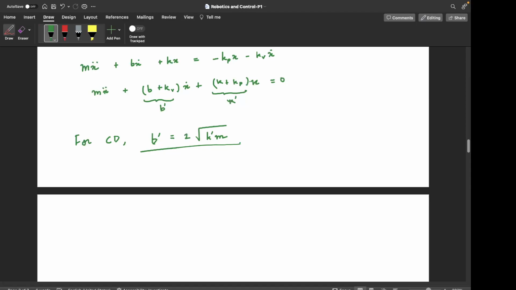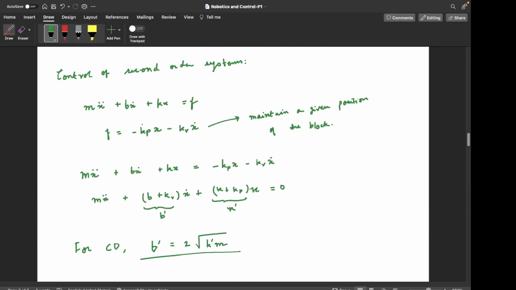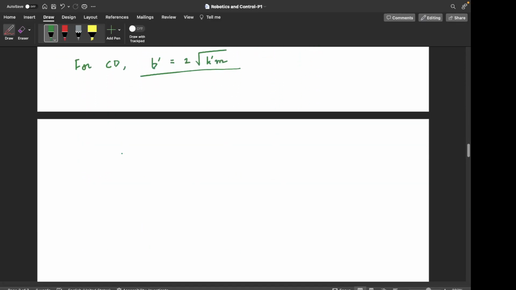This we would follow. Okay, so what we have just seen is how to maintain the position of the block using a control law. So basically this force will be provided by an actuator which will keep the block at a given position.